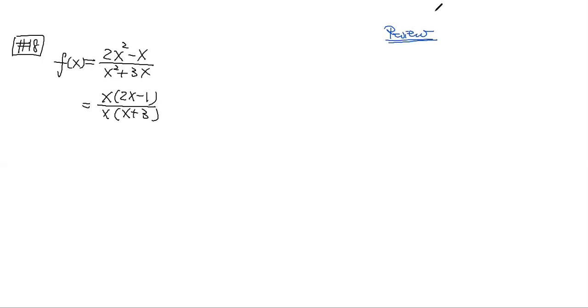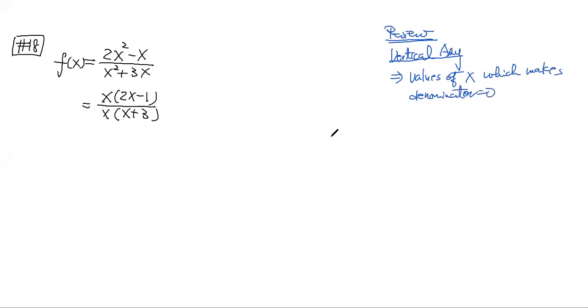Okay, so the vertical asymptote is the value of x which makes the denominator equal to 0, right?